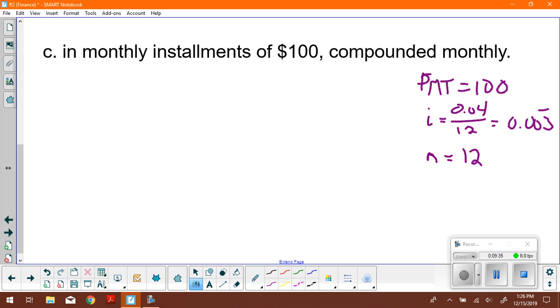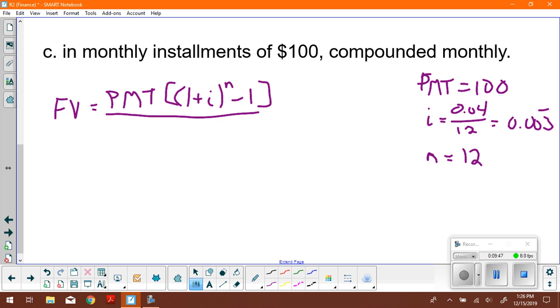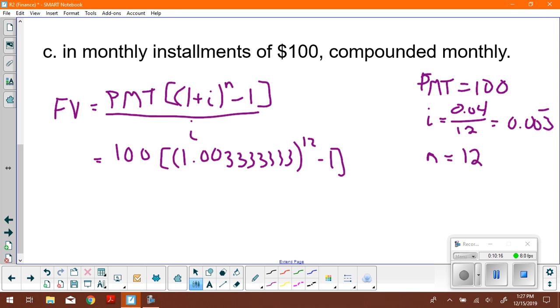So our formula is future value equals PMT times (1 plus I)^N minus 1, all over I. So we're making $100 installments. 1 plus I, pardon me, we can put our value there. So again, a key thing here, especially for the interest rate, because I've got that 3 repeating, is that you should be using lots of decimal places to make sure the answer is accurate.